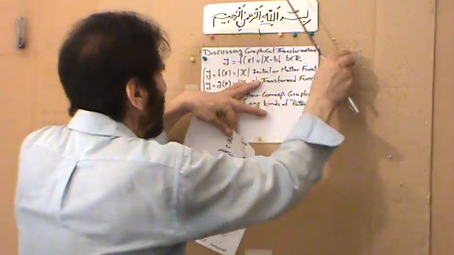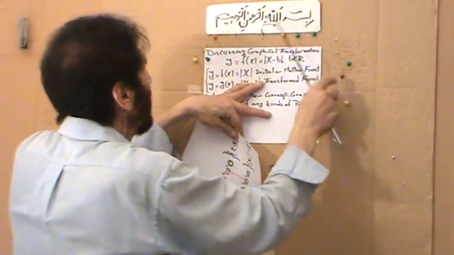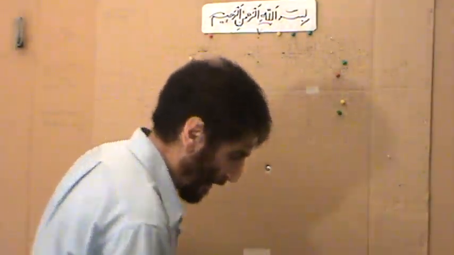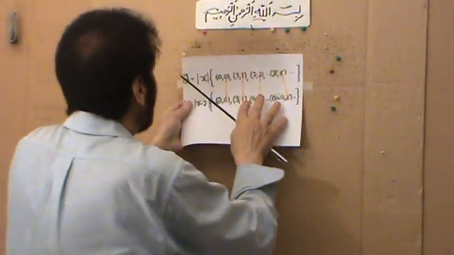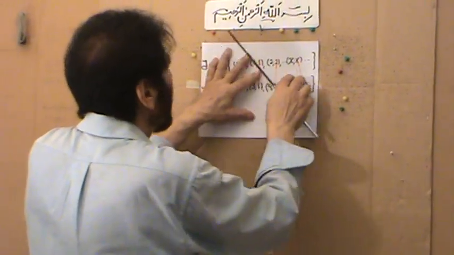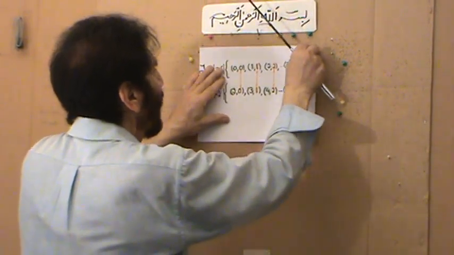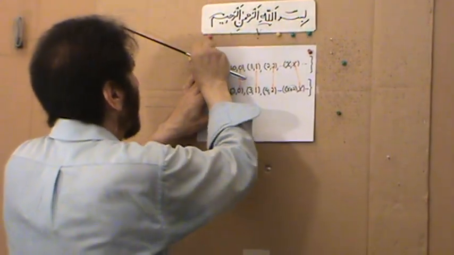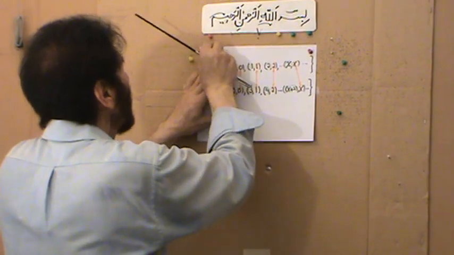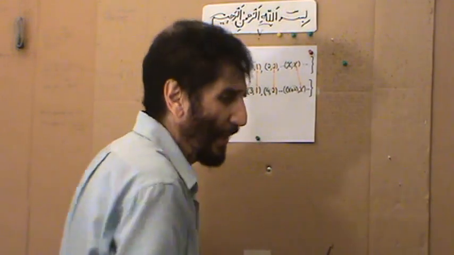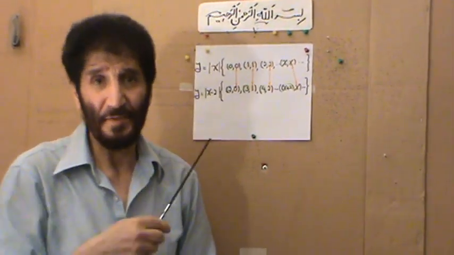I keep repeating because repetition is a good way of learning, especially for beginners. Now the graph. By the way, in mathematics, graph always means a set of ordered pairs. That's what graph means. The other one, which we call graphic, means a geometrical representation of that, the sketch of the graph.